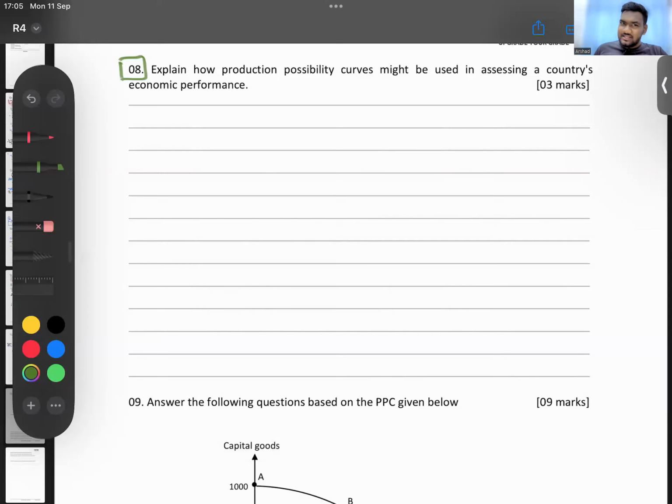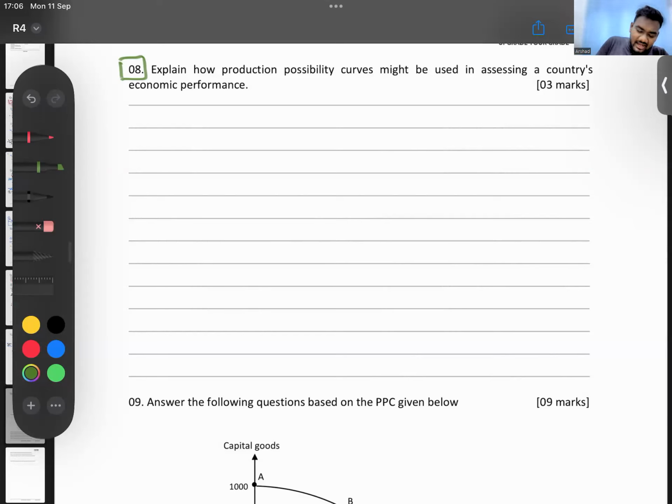Okay, tell me a few things. Can you give me some criteria to assess a country's economic performance, to see whether a country has been doing well or not? Based on what kind of things can we say, guys? If you say, okay, Sri Lanka has been doing well in recent years, based on what?